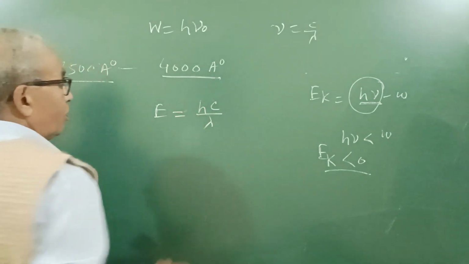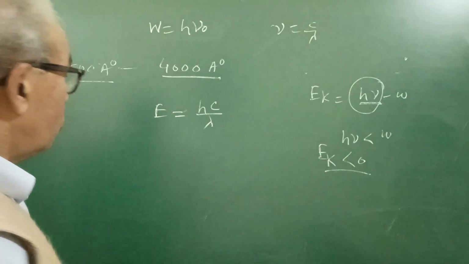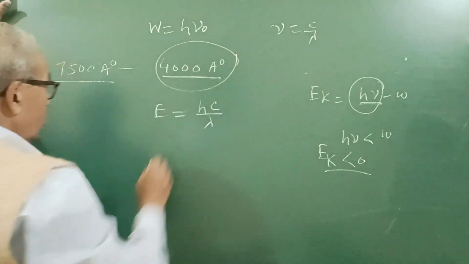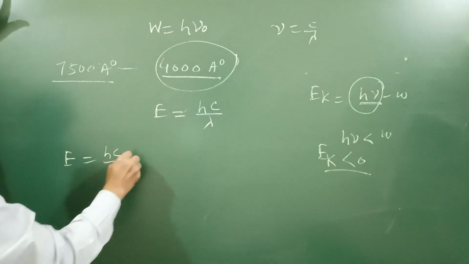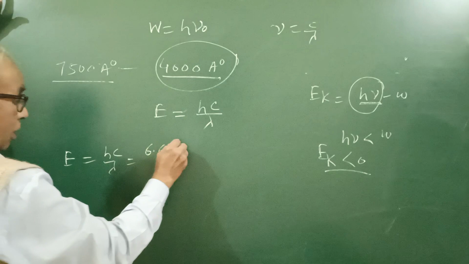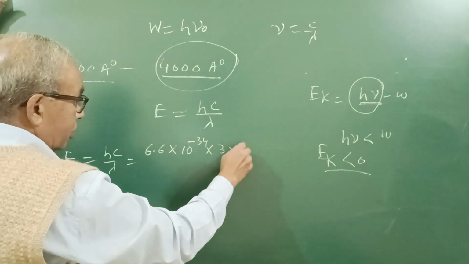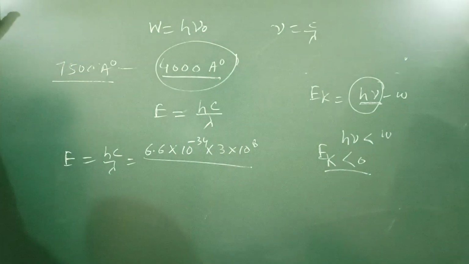It looks like a very simple question, but when you are asked for the answer in electron volt, you are in trouble. First of all, I want to tell you how to calculate E equals hc upon lambda: 6.63 into 10 to the power minus 34, the speed of light 3 into 10 to the power 8, and lambda 4,000 angstrom.